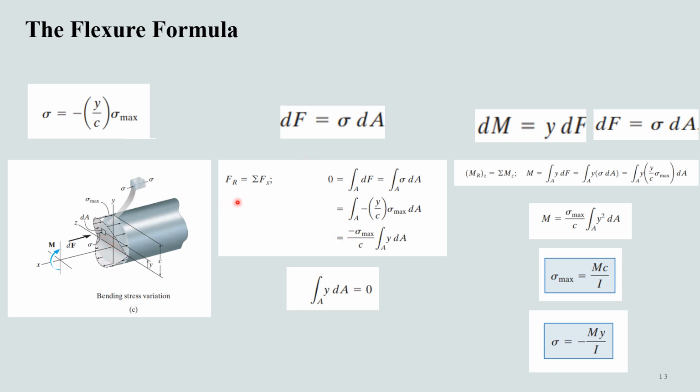The resultant force, or the summation of force, requires that we take an integral of the stress distribution on both sides of this equation. We come up with this situation here where the maximum stress is a constant value, and c, the location of the topmost fiber from the neutral axis, is also a constant.